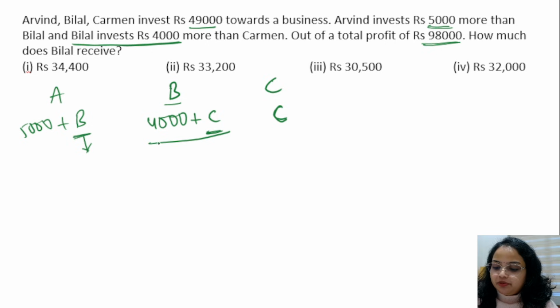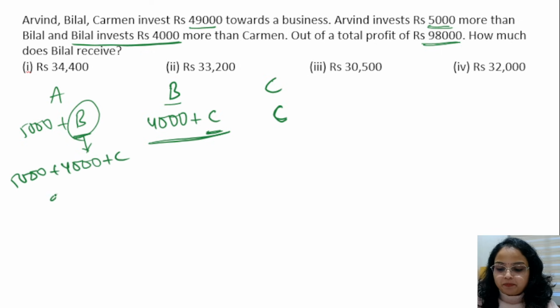See here, B is equal to 4,000 plus C. So we will substitute here. We'll get 5,000 plus 4,000 plus C, it is 9,000 plus C. So what is the total amount invested by these three people?